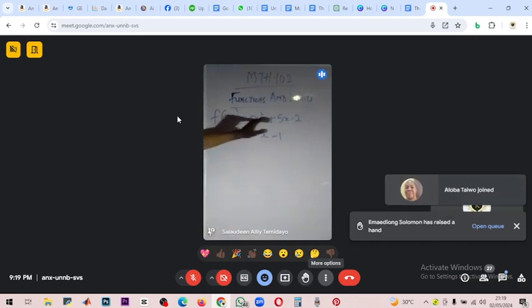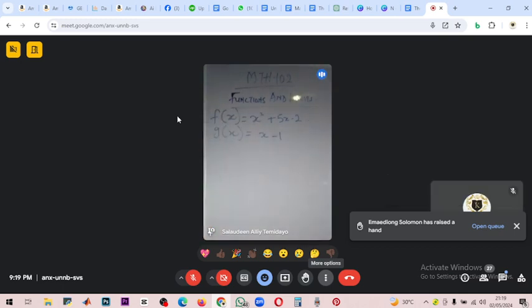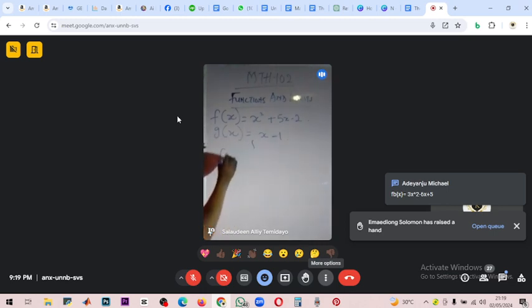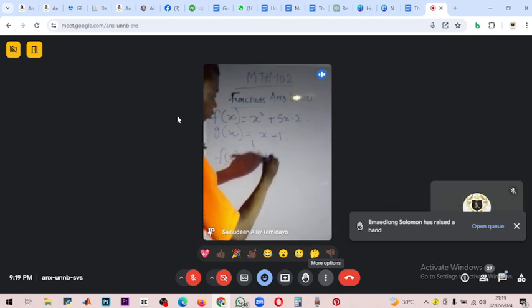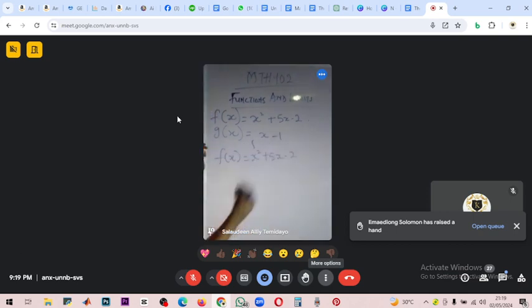f of x is x squared plus 5x minus 2. So g of x is x minus 1. If you would remember very well, you would know that we mentioned something about evaluation. We said if you had f of x, you can write this down. f of x equals x squared plus 5x minus 2. So what is f of 1? f of 1 is equal to using 1 to represent x.